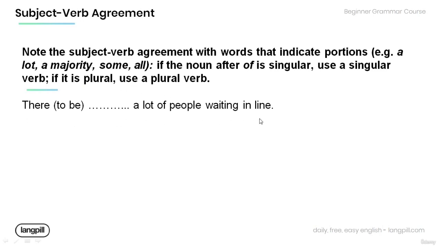Now have a look at the following sentence and fill in the blank using the appropriate form of the verb. There to be a lot of people waiting in line. There are a lot of people waiting in line.